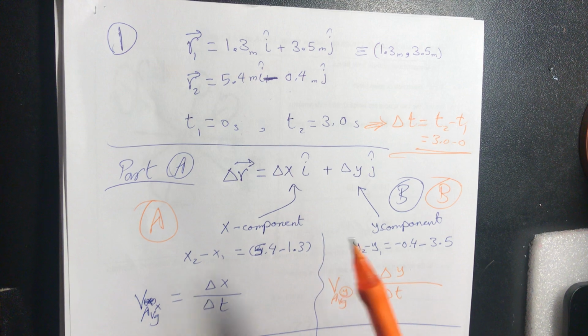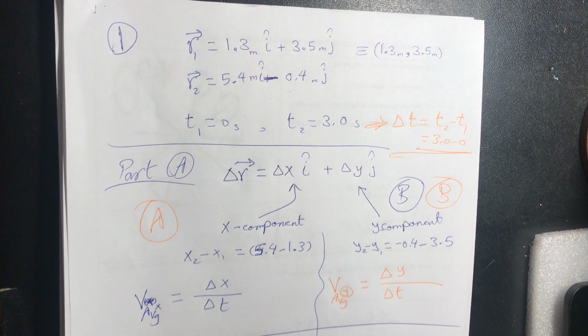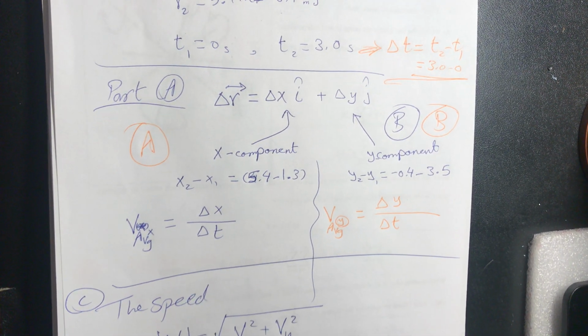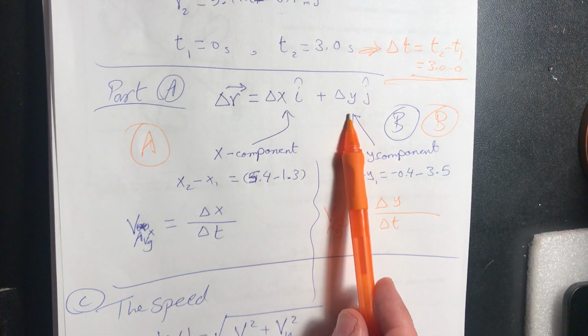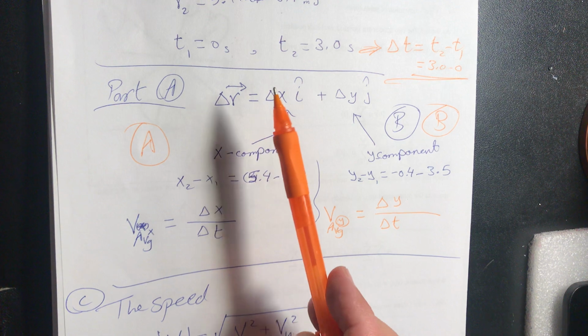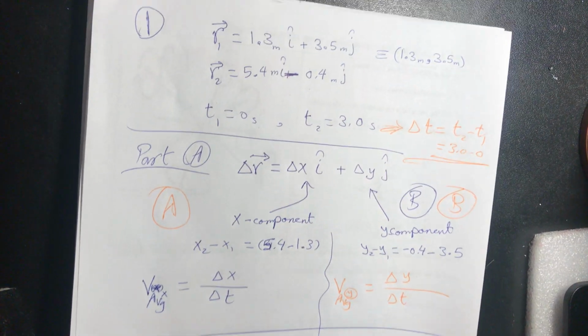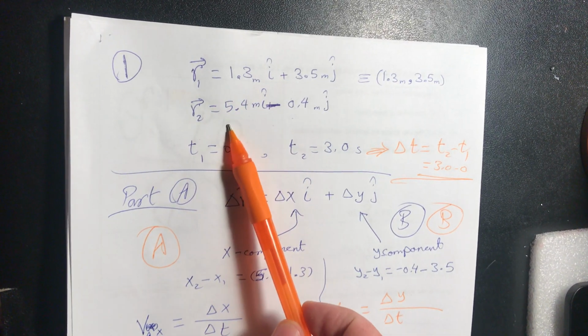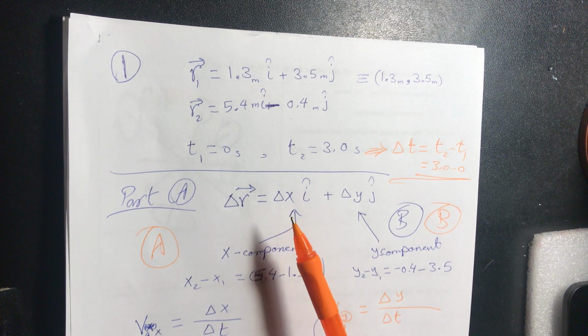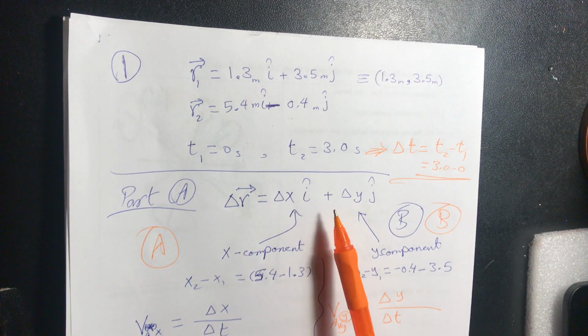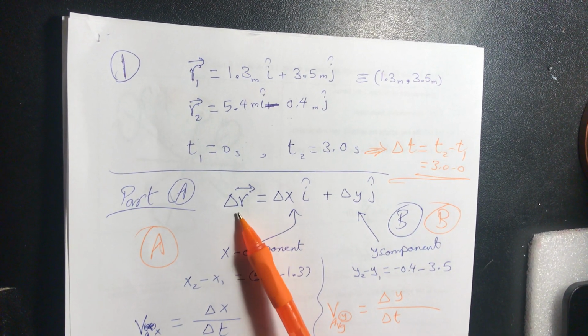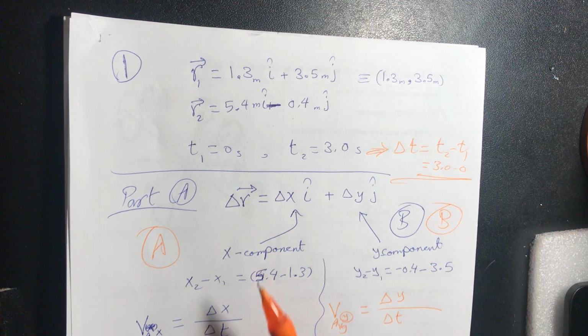Part A and part B, you need to compute the average velocity in x direction and in y direction. You have the position initially and finally. Then you can find delta x and delta y, which together are delta r, or the change in position.